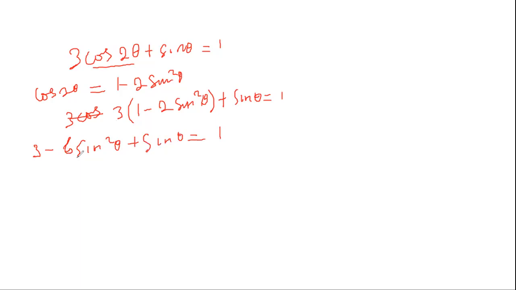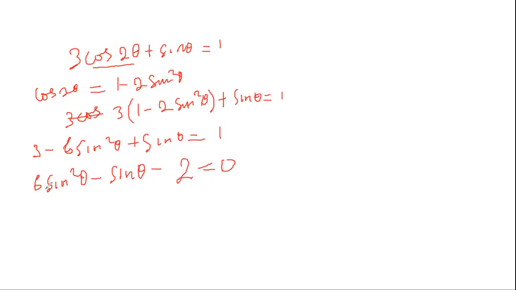Since this is positive, I can take them to the right-hand side to become positive, and that will give me 6 sine squared theta, the sign will become negative sine theta, and then we have 3 minus 1 when it crosses, which gives us negative 2, and we say this is equal to 0.